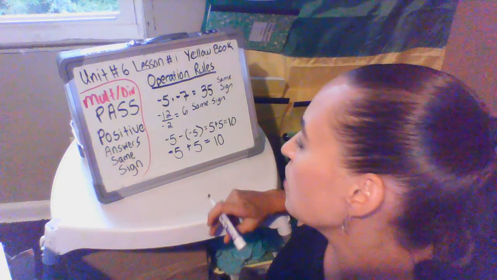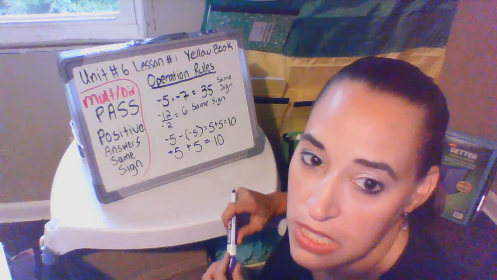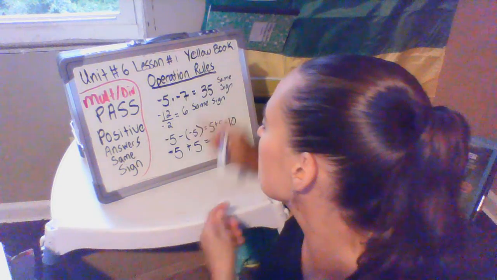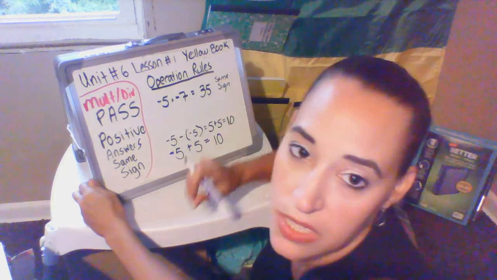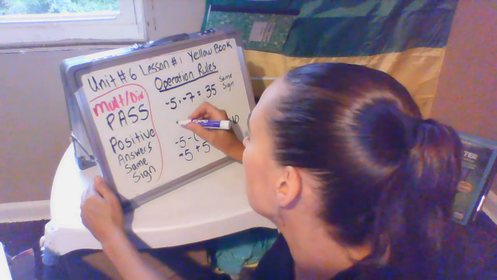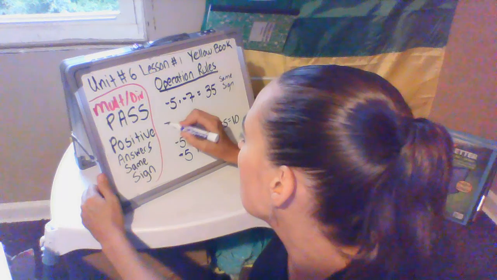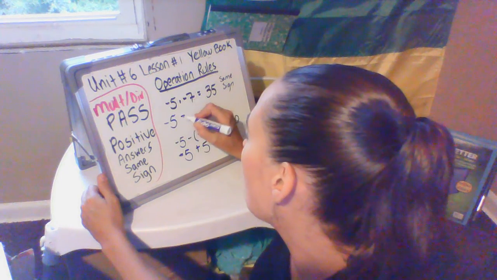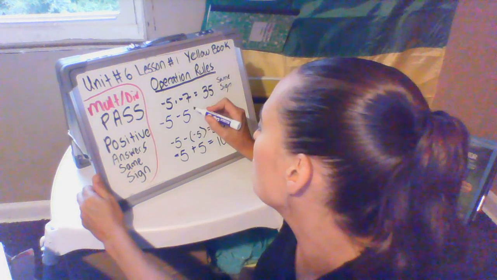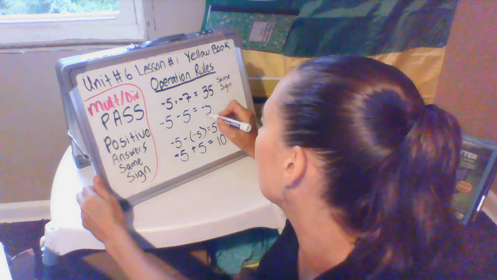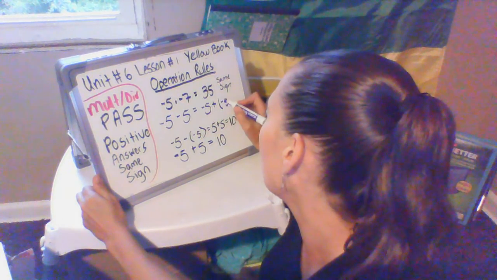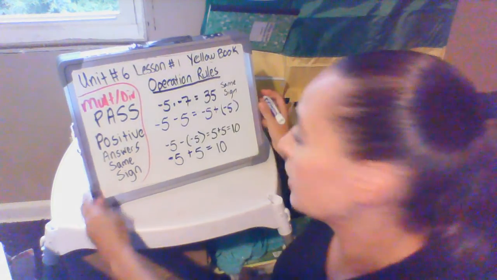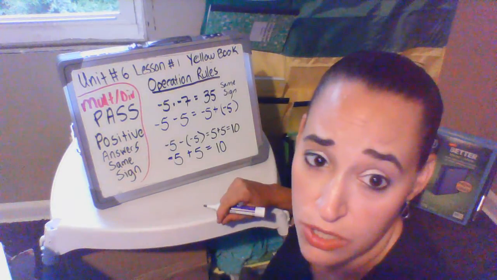Most of the time in elementary school, what you were taught is whenever you have a negative sign to do plus a negative. So pretend it was just -5 minus 5. You would have converted that into -5 plus a -5, right? That's probably what you were taught in elementary school.